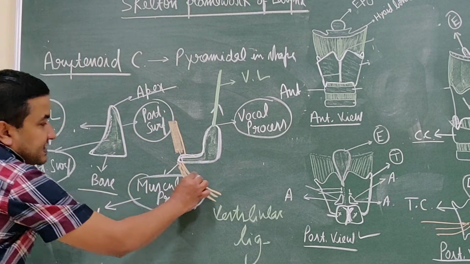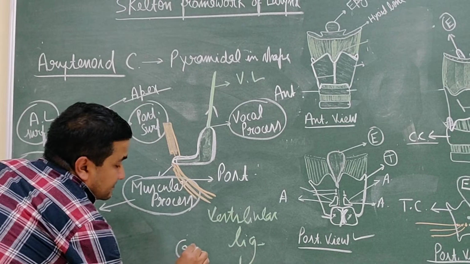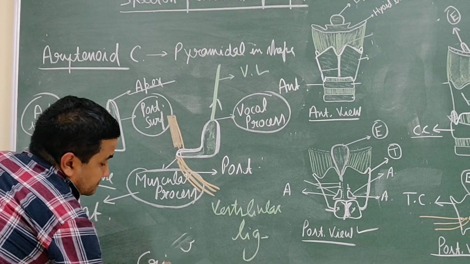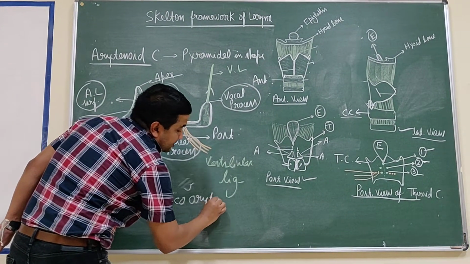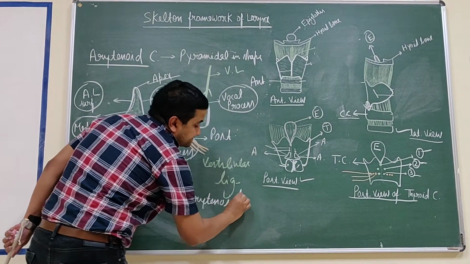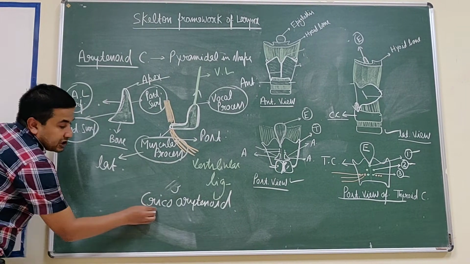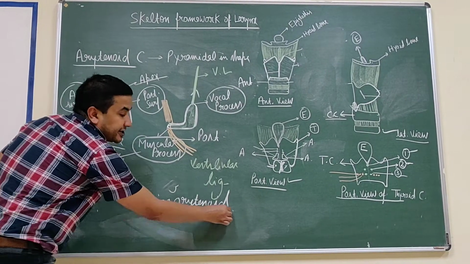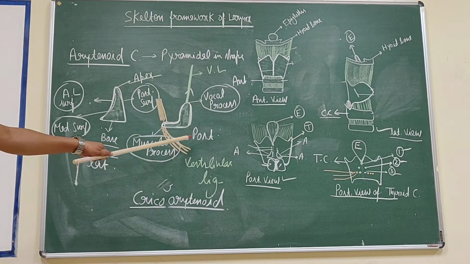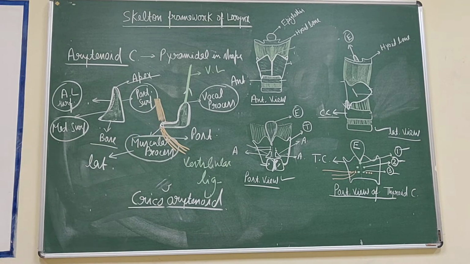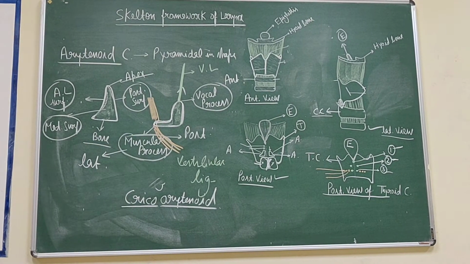The posterior one is the posterior cricoarytenoid. The name indicates these muscles connect the cricoid cartilage with the arytenoid cartilage, and it is attached on the posterior surface of the muscular process.